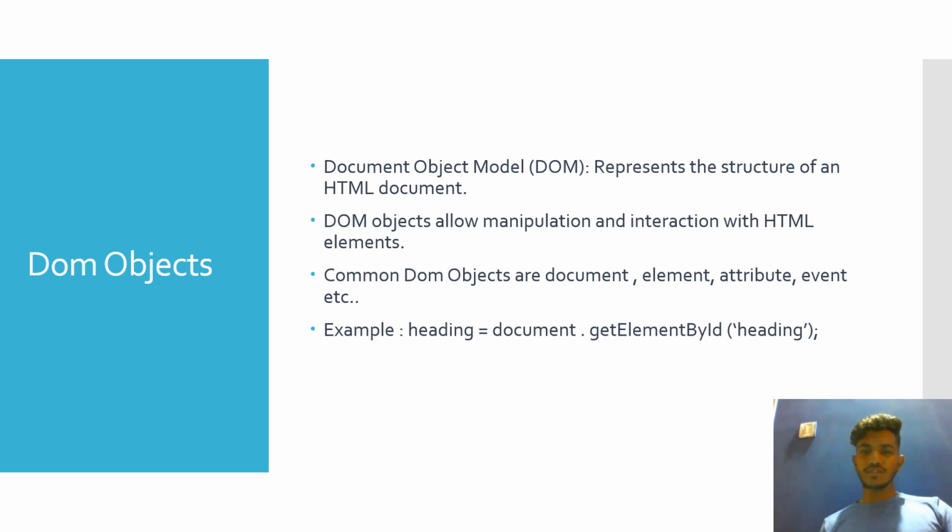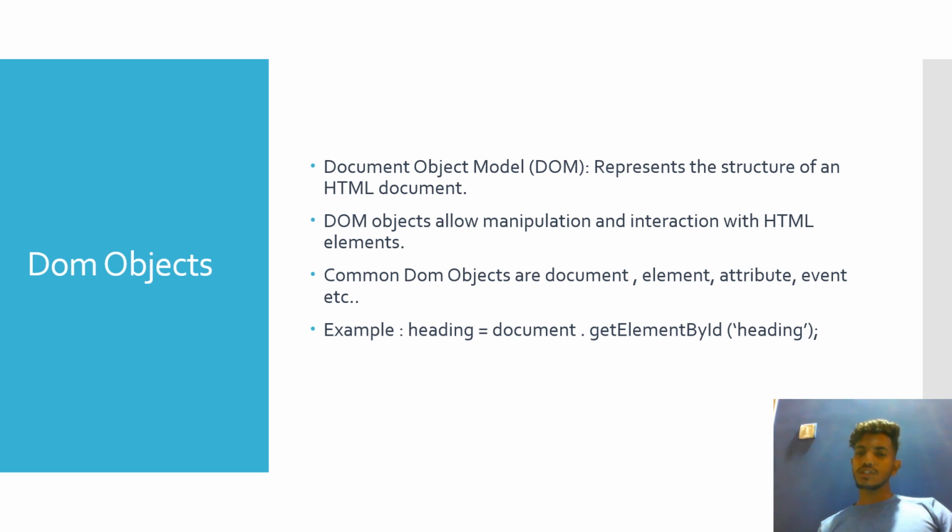Next, DOM objects. This is something new in JavaScript. Document Object Model represents the structure of an HTML document. DOM objects allow manipulation and iteration of HTML elements.